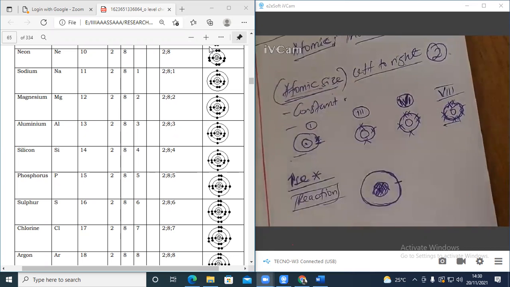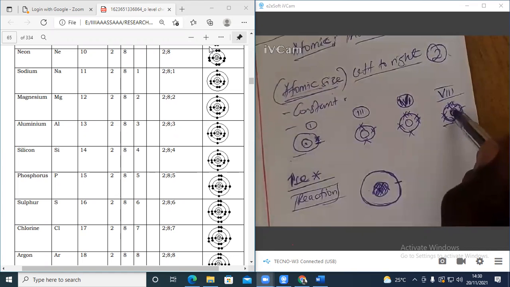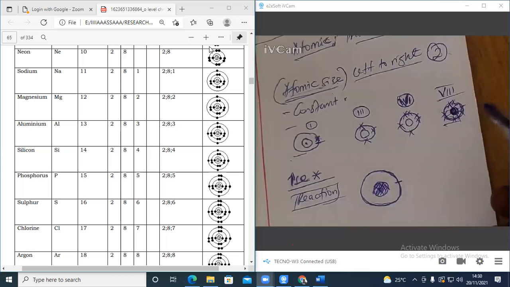Now just imagine an atom here. This is the nucleus of that atom, and it has electrons on the outermost shell. Each of them has some force pulling from the center. Will it be small or will it be big?